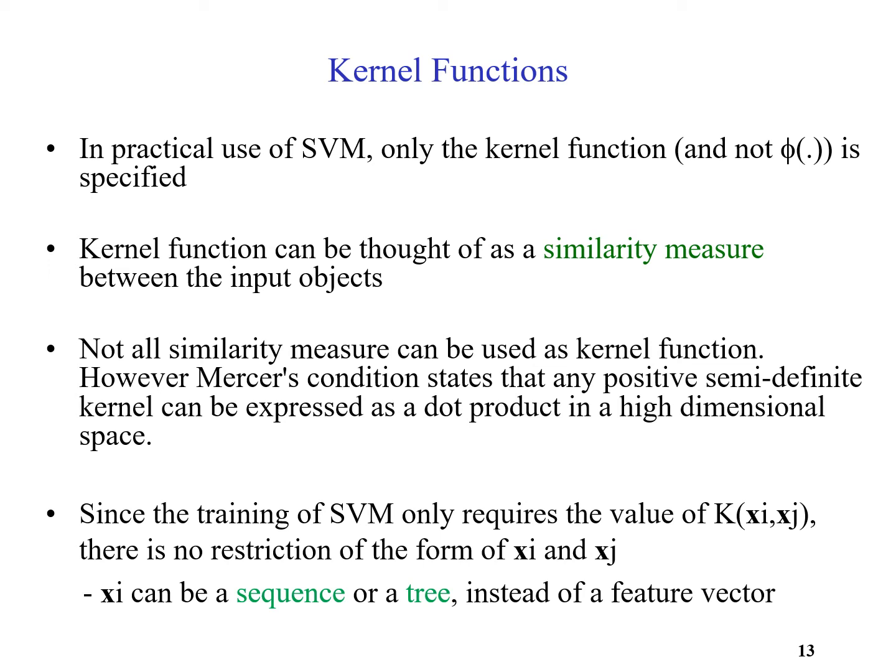For that function to be a kernel function, it should satisfy what is called Mercer's condition. We're going to talk about this in the next slide. So there are two things. If you want to come up with a new kernel function of your own, it should be a similarity measure between two data, and secondly, it should satisfy Mercer's condition. Then you can use that function as the kernel function.